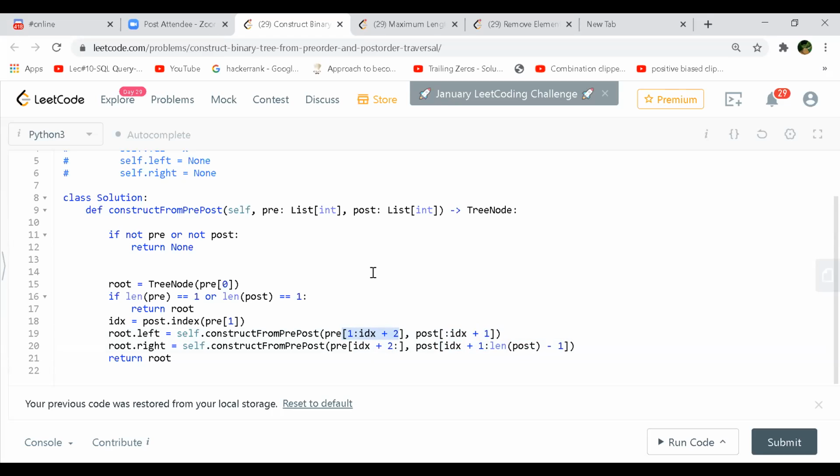So idx will be the index in the post-order, right? And then you are going two more nodes in the pre-order. You are actually dividing the pre-order only, so you can look for the next root.